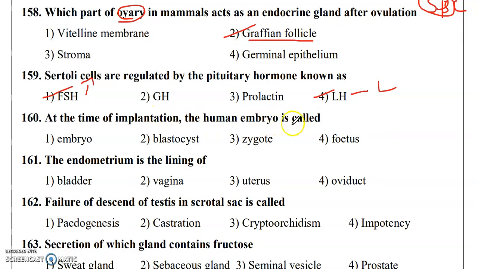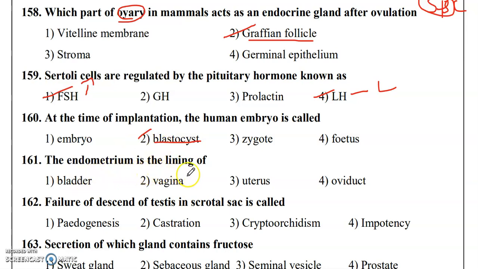At the time of implantation, the human embryo is called what? Blastocyst.